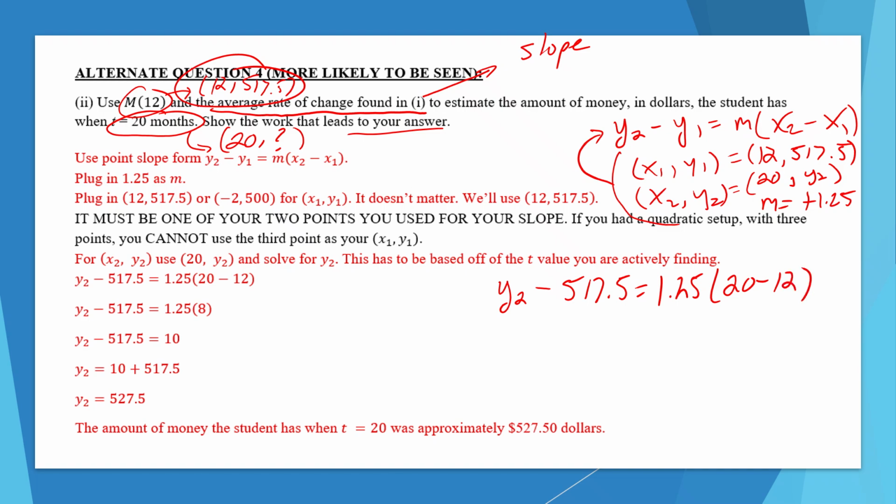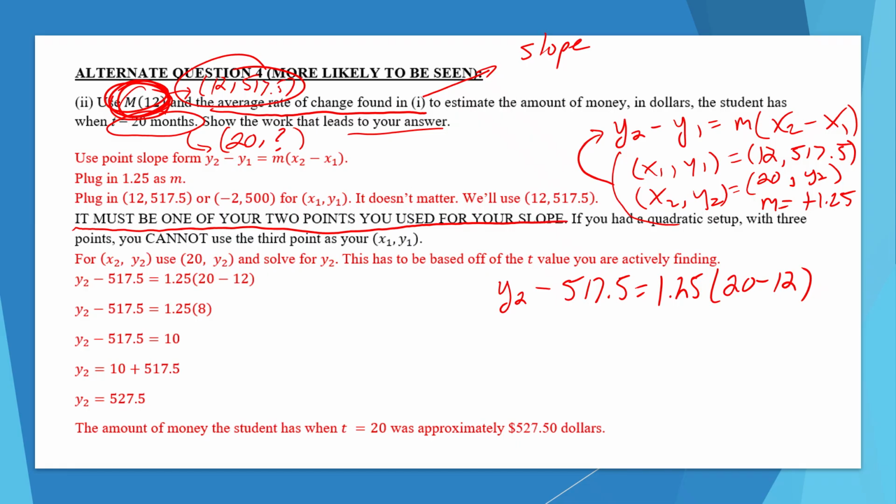And now it's just a matter of solving an algebraic equation. But remember the steps, because a lot of people made small, silly calculation errors in terms of just solving a simple equation like this. Remember, with the points that you plug in, sometimes it may not be given to you like it was here to use m of 12. So remember, when you get to pick and choose, it must be one of the 2 points you used for your slope.